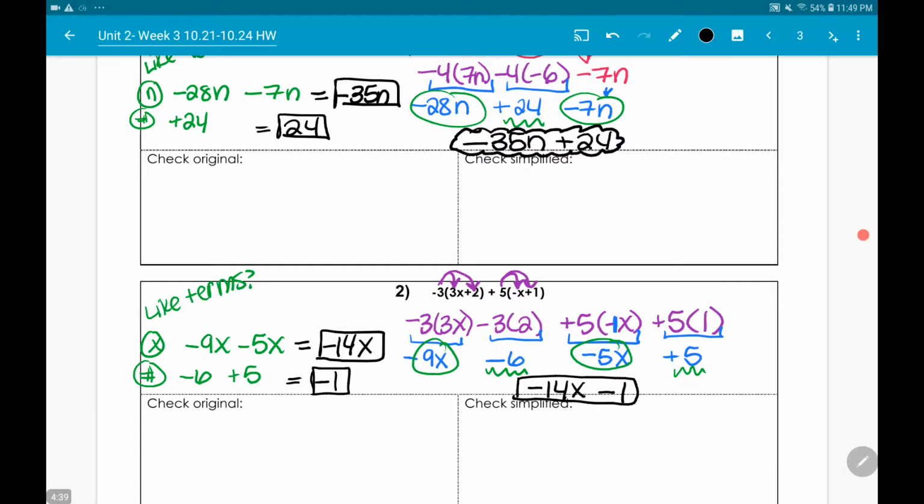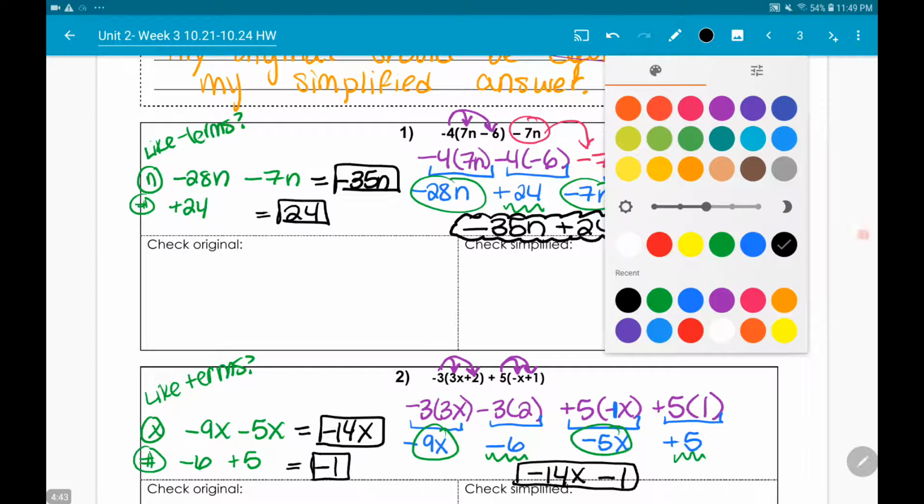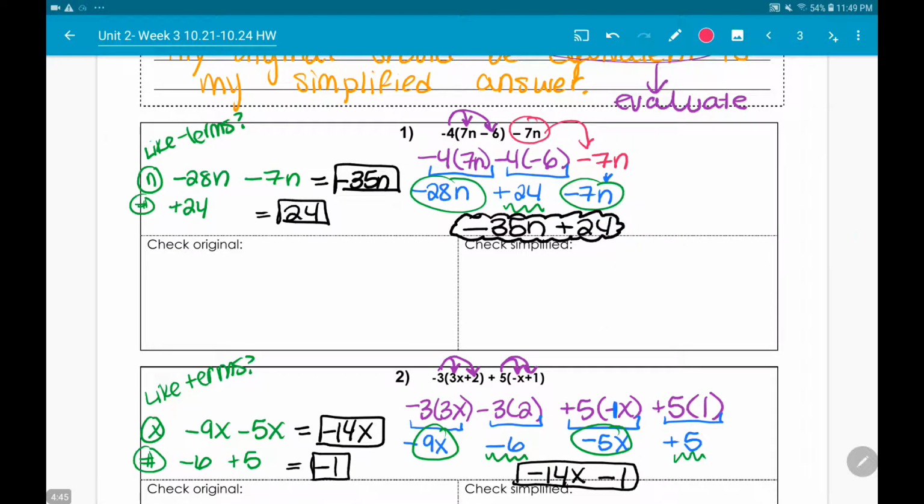All right, so how do I check my answer? All right, so I have to write first my original. And my simplified. Now, I'm checking to see if they are equivalent.